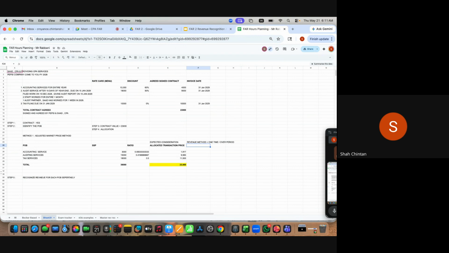Let's say accounting services. अगर आपका 1 साल का कॉन्ट्रैक्ट है, then is your responsibility for 1 day, 1 week, 1 month or 1 year? 1 year. So it is called revenue over a period of time.